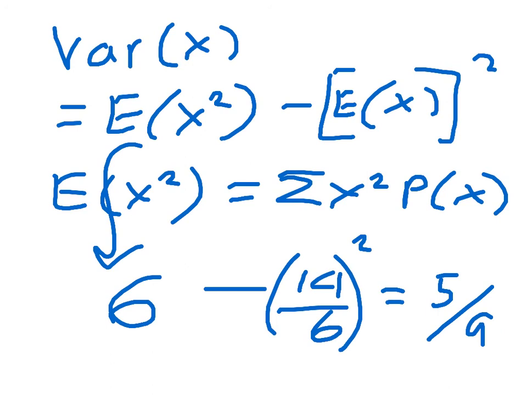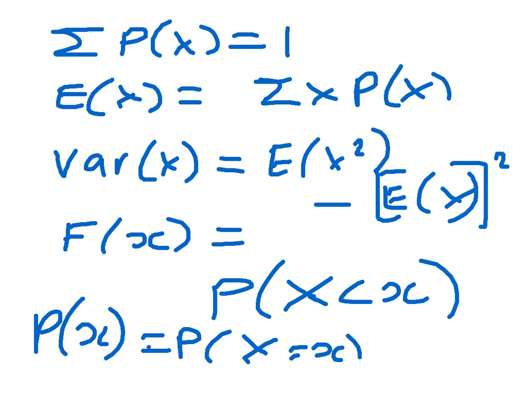So here's a sort of halfway review. The sum of probabilities of x equals 1. The mean or expected value of x is found by doing the sum of x times p of x. The variance of x is E of x squared minus the mean squared. The meaning of F of x is the probability that x is less than or equal to a particular value. And p of x itself is the probability that x takes a specific value.